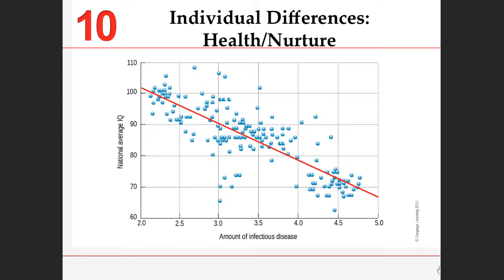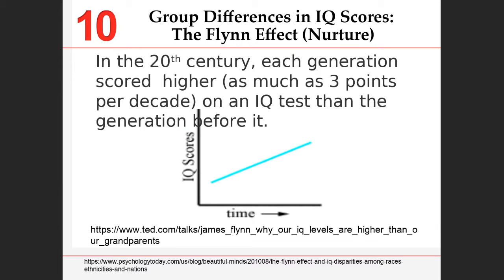And that's from an individual differences perspective, but from a group difference perspective, if you look at something called the Flynn effect, he is a psychologist who has looked at the IQ scores over the 20th century.